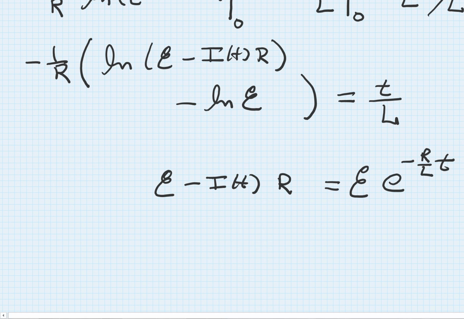And then finally, we can rearrange this and solve for the current I. What we do is we move IR to this other side of the equation, move this term to the left side of the equation, and what we end up with is E minus E times this exponential. So that means E times 1 minus e to the minus r over L times time t.